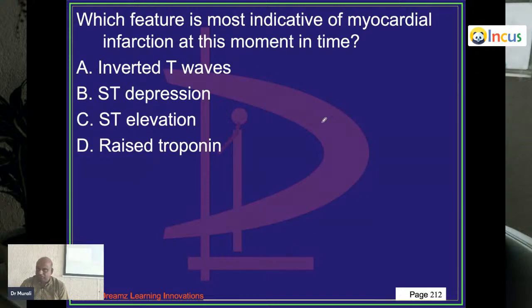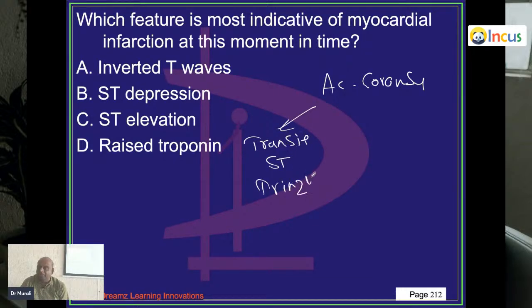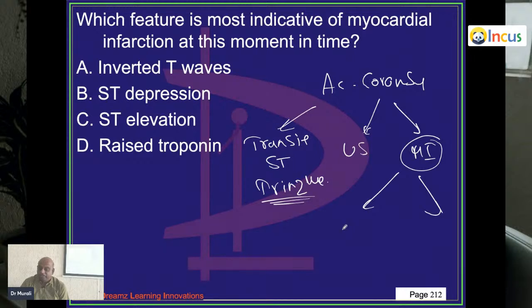Once more you should remember, whenever a patient is having acute coronary syndrome, if a transient ST elevation is there, it is Prinzmetal angina. Then there is a possibility of unstable angina or MI. In MI, you have two varieties, ST elevation MI and non-ST elevation MI. You should differentiate the two.